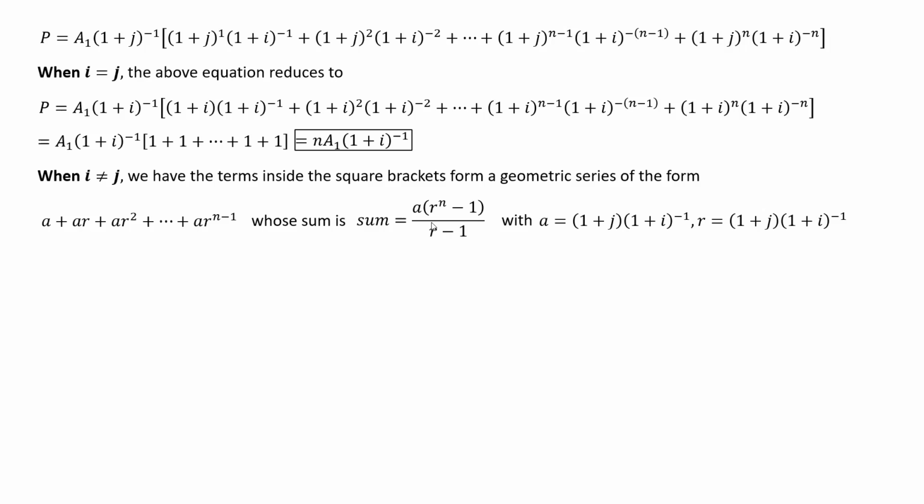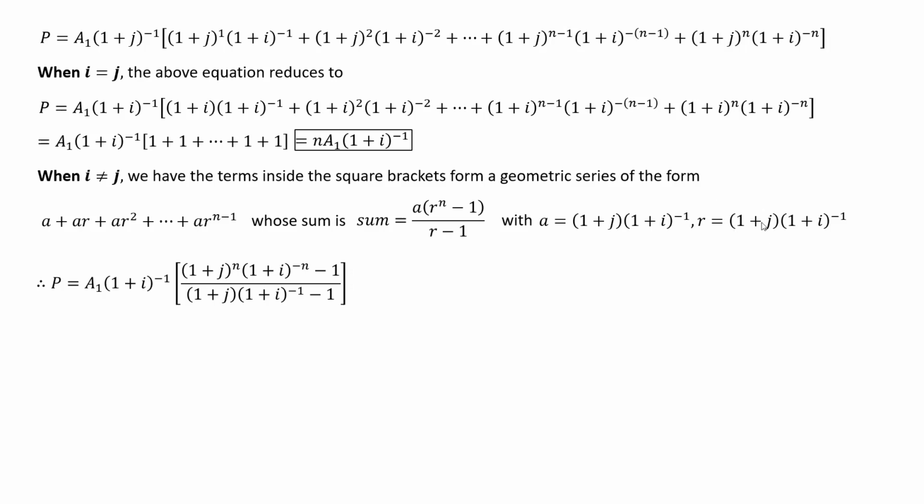Cool. Armed with that piece of information, say P is what is outside of the square bracket. This guy, I just copied that. Now, for the stuff inside the square bracket, I'm applying the sum of the geometric series, which becomes (1 + j) to the n times (1 + i) to the negative n. That's r to the n.